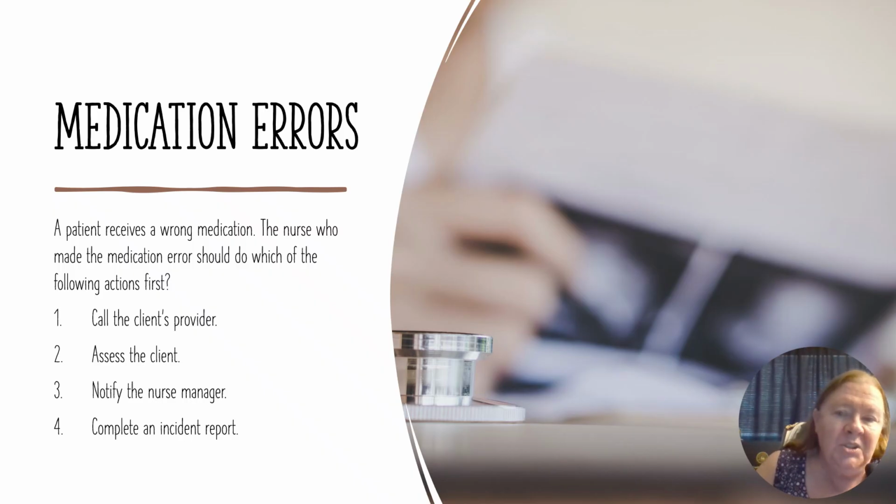Depending on what medication it is, depending on the patient's history, they may have an allergy to that medication they were just given. You have to go quickly and assess your client as soon as you realize that your client has received the wrong medication. Okay, so let's go over these other answer choices.